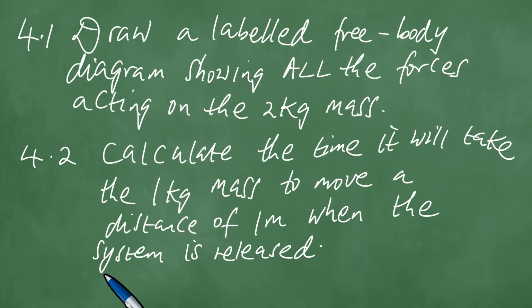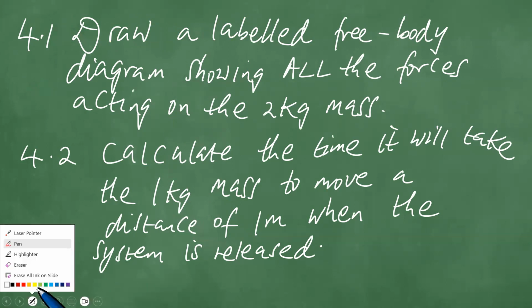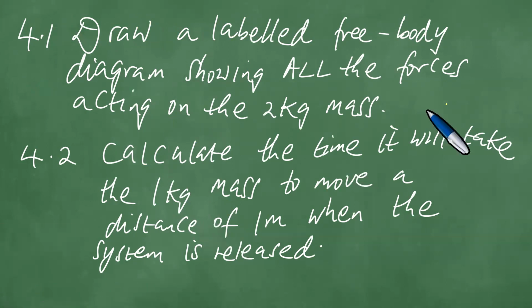I'm going to show the mark allocations, because if you check very carefully, in part 4.1 the marks are 2, and in part 4.2 the marks are 7. So just note that part.